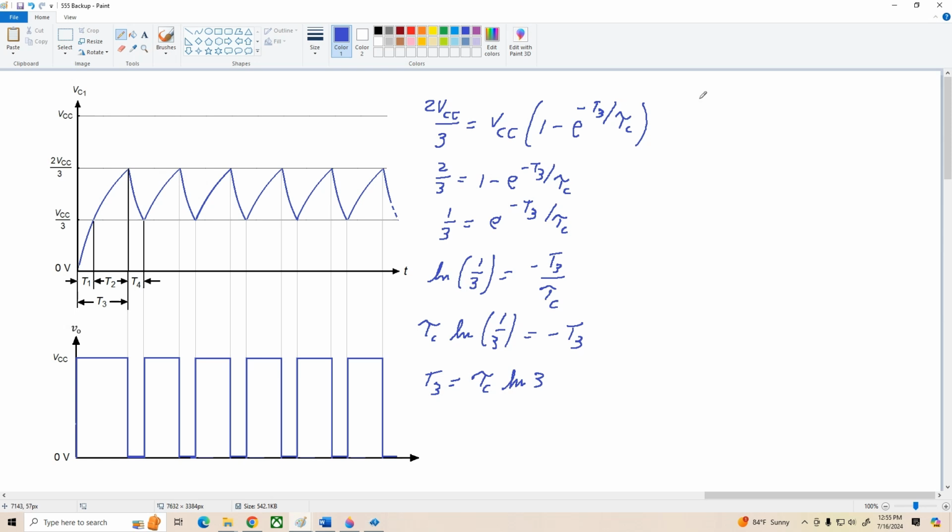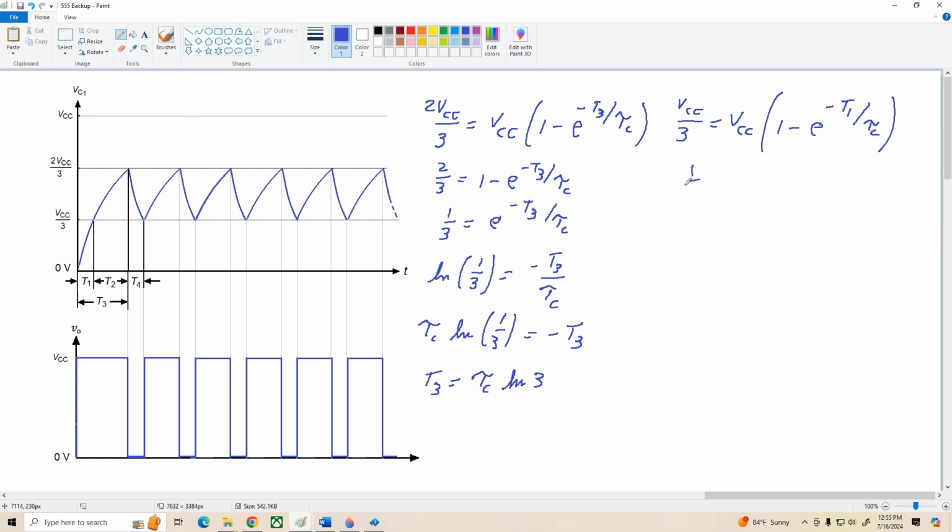Otherwise, here we go. We've got, in this case, VCC over 3 is equal to VCC times 1 minus e to the negative t1 over the charging time constant. All right, again, dividing both sides by VCC eliminates that constant, making this thing independent of the supply voltage.